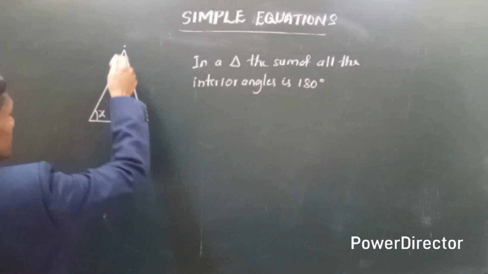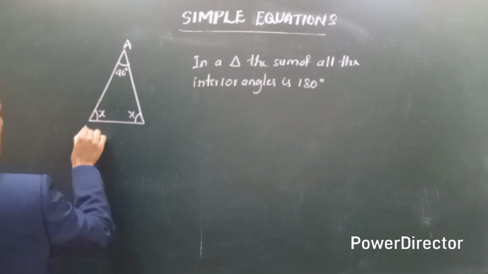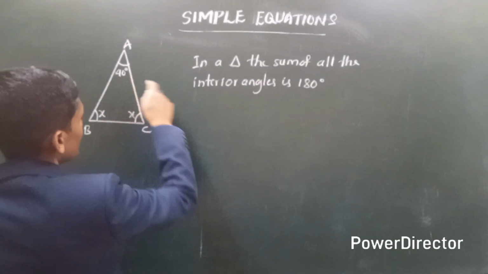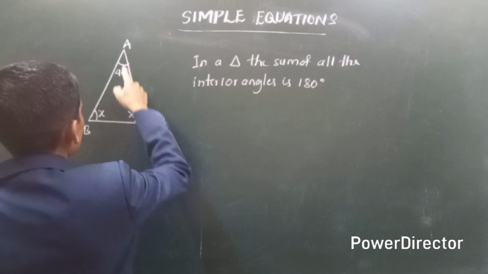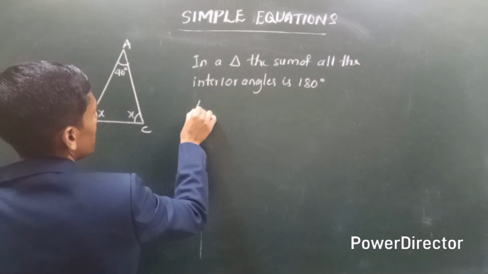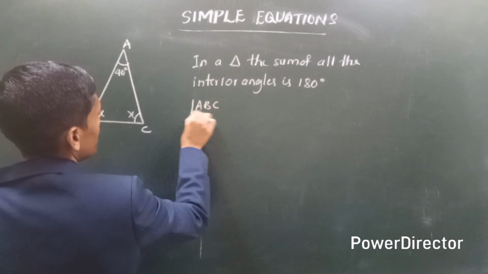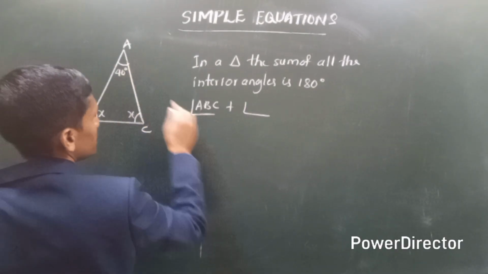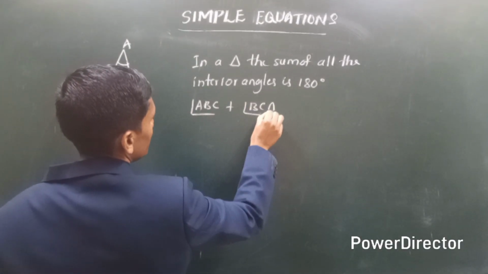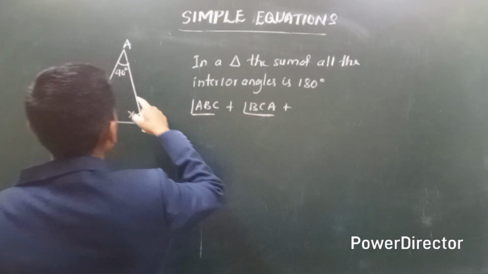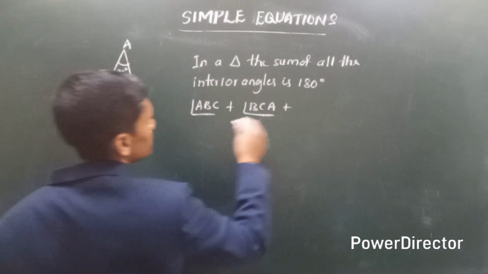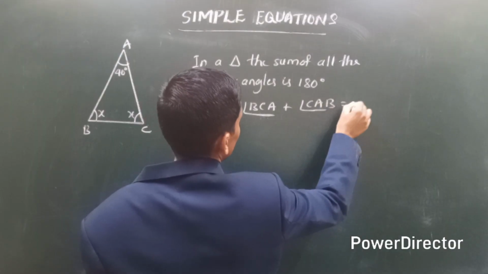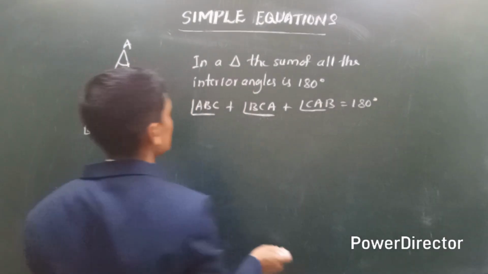Let us name this triangle A, B, C. Now angle ABC plus angle BCA plus angle CAB, if you take, this should be equal to 180 degrees, right?